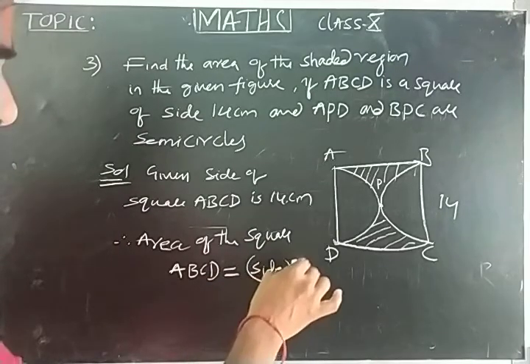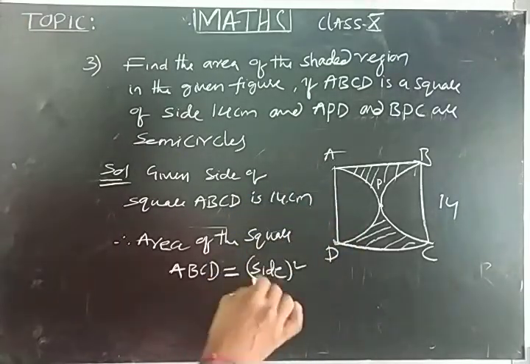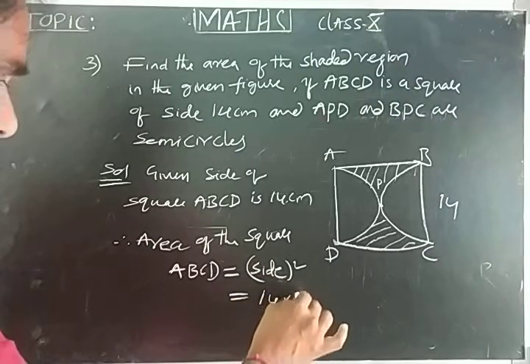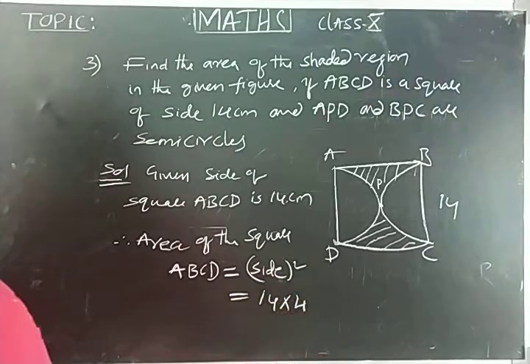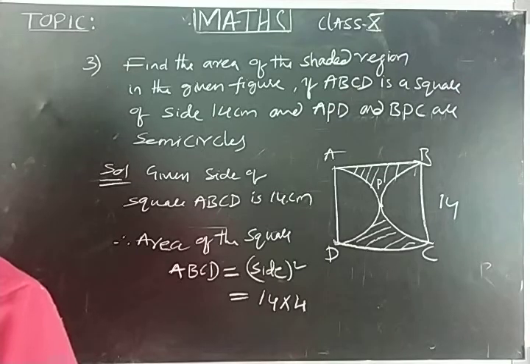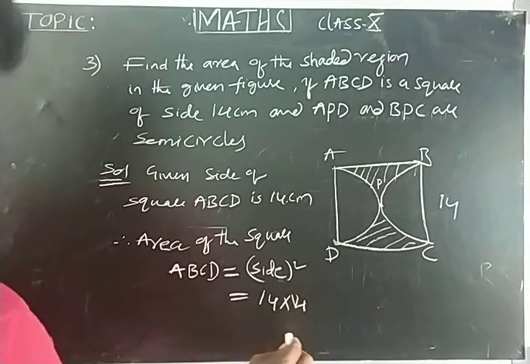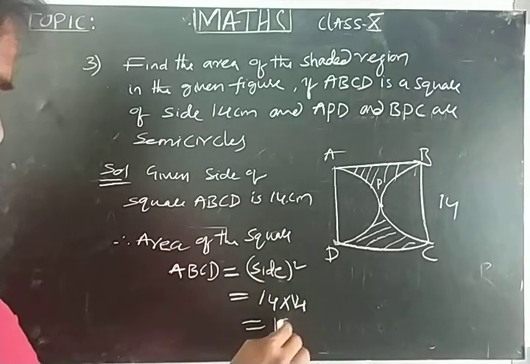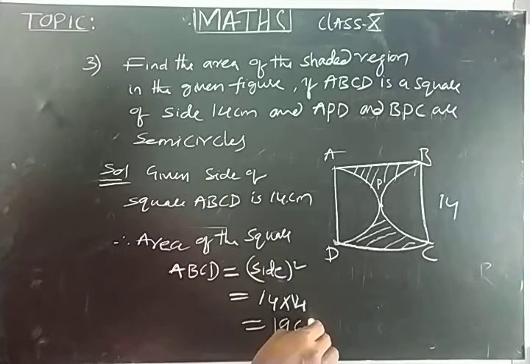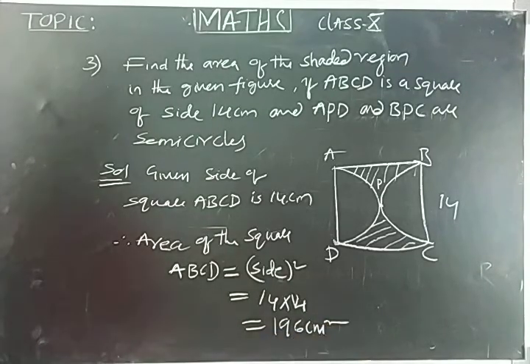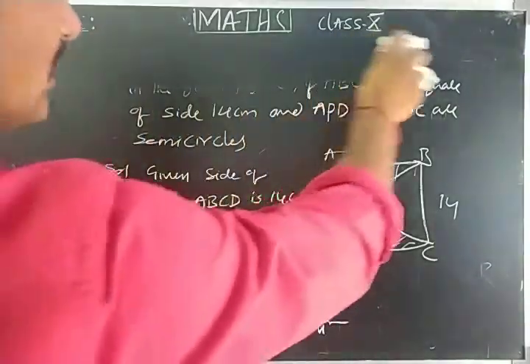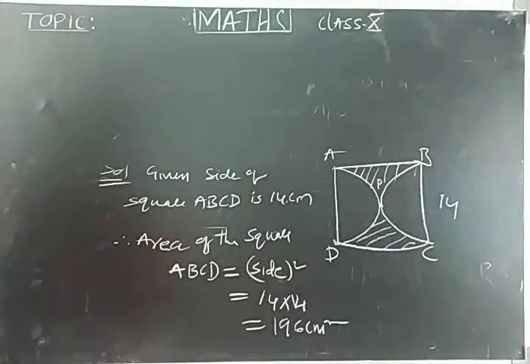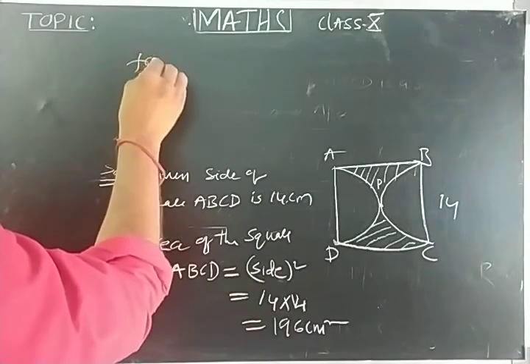What is the formula for area of square? Side square. What is side? 14. 14 into 14, how much? 196. So 196 centimeter square. Now I got the area of the square. Now I am going to find the semicircle area. From the figure we can observe that.